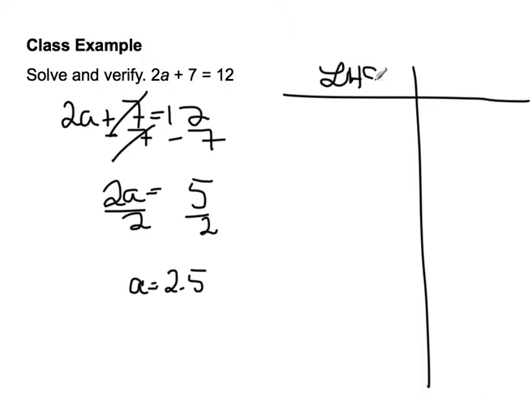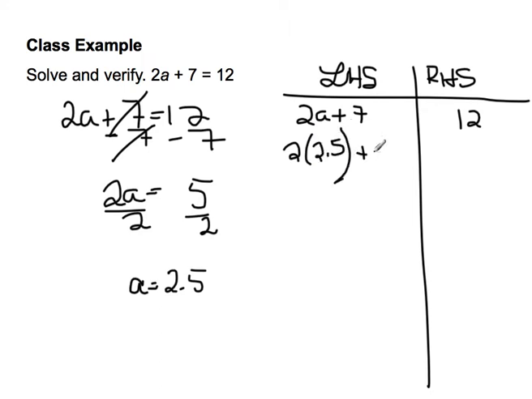And we have the right-hand side. So on the left-hand side of our equation, 2a plus 7. And on the right-hand side of our equation, we have 12. So again, when we verify, we take the variable out and we put our solution in, because we say that that number, a, is equal to 2.5.